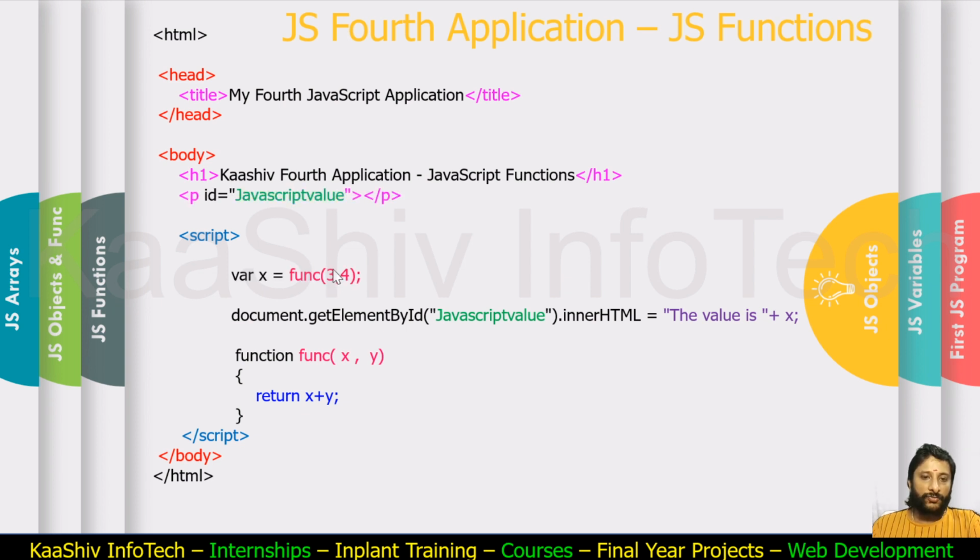It got the parameters 3,4 and this 3,4 is passed here. Func 3,4 is passed here. Return of x plus y. So x is 3, y is 4. So it is 7. So the 7 will be returned, because this function is returning 7, and it is displayed here.